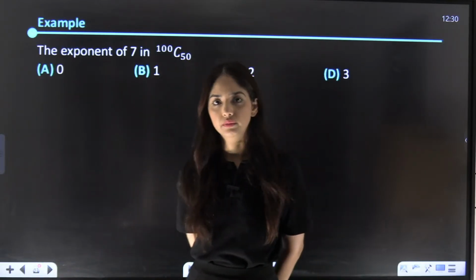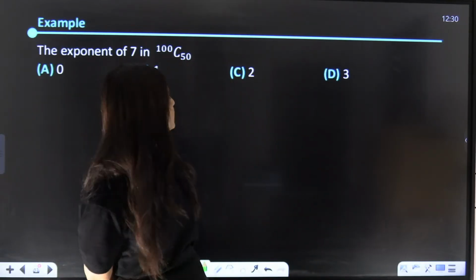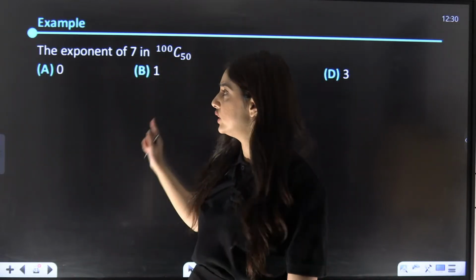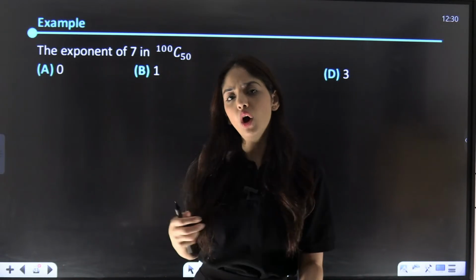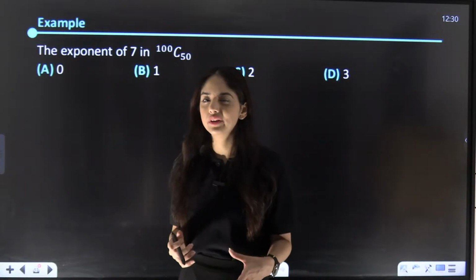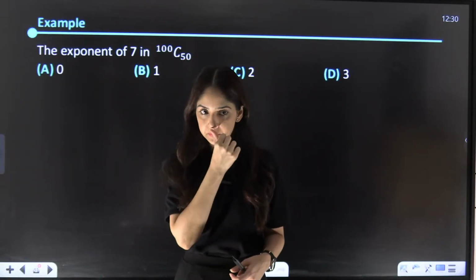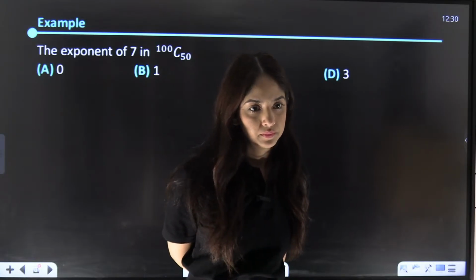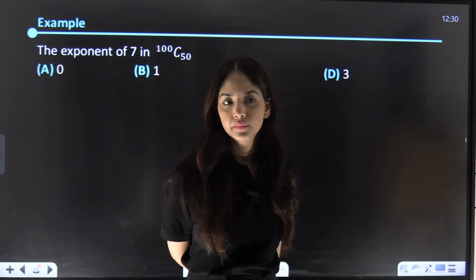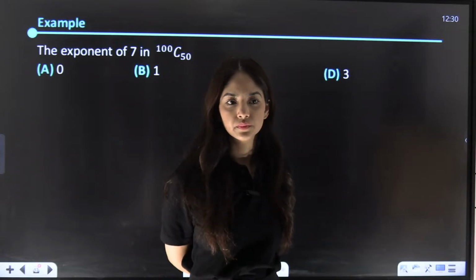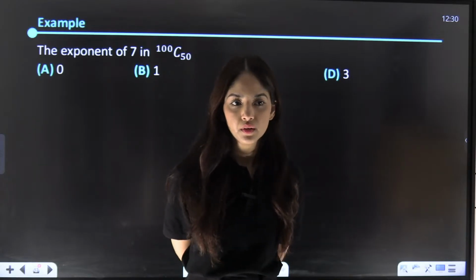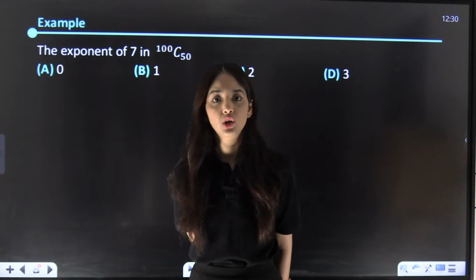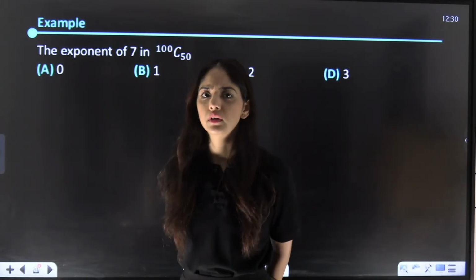Now try this one. Exponent of 7 in 100C50. There's no factorial here, so we cannot directly use that formula, but maybe we can use this application. Carefully, logically think about it.